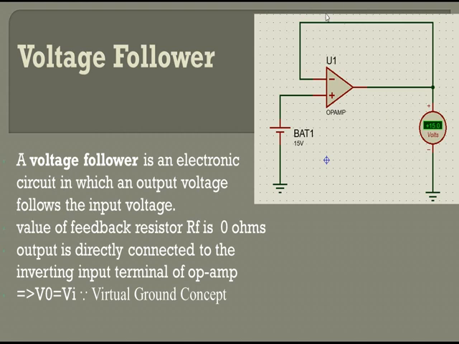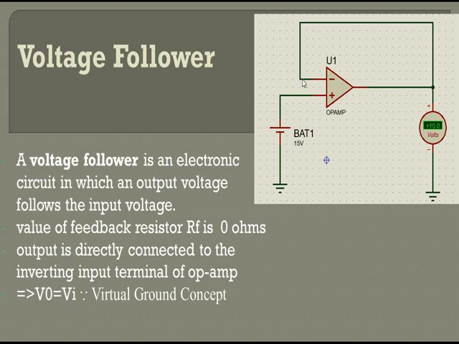Here the feedback resistance is 0 ohm, means there is no feedback. Output is directly connected to the inverting terminal of operational amplifier. So by using the virtual ground concept, voltage at this point is equal to voltage at this point.